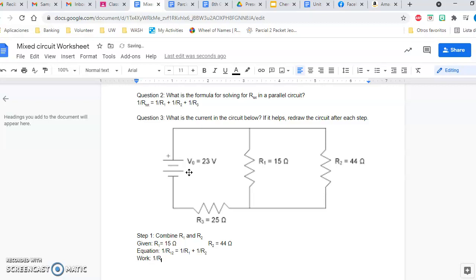Then for our work, we plug in our numbers for the resistors: 1 over 15 plus 1 divided by 44. This is when I would use a calculator, because these fractions are not easy. If they're both under 10, I would try to do it by hand, but these aren't easy.